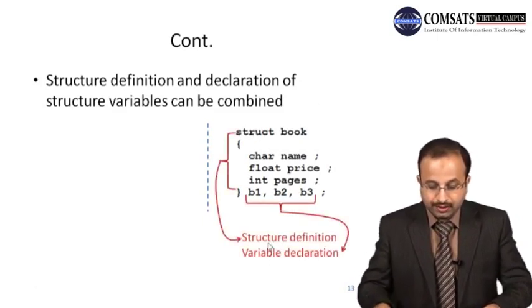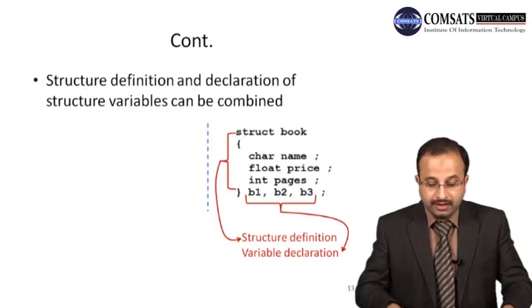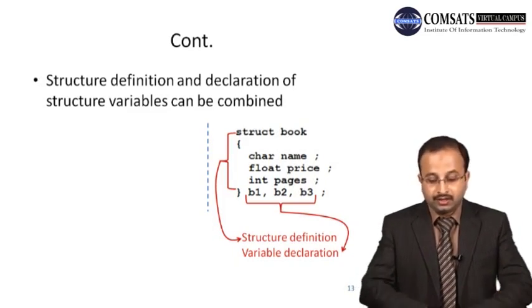Now this is structure definition with structure variable declaration, and these three are structure variables, and this is structure definition. So struct book, curly bracket, char name, float price, int pages, curly bracket close. This is the structure definition, and with the definition you declare three variables b1, b2, b3. This is the variable declaration.